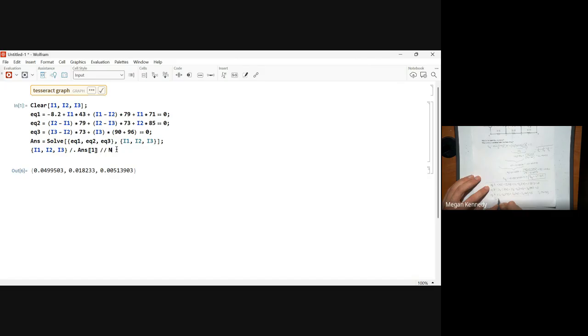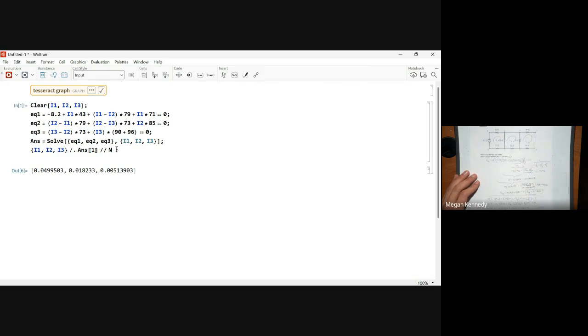I1 is equal to 49.95 milliamps. I2 is equal to 18.23 milliamps. And I3 is equal to 5.14. So now we have all the currents as we have defined them in here.